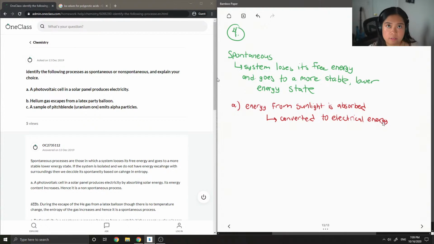And this is done through redox reactions, but basically this is a non-spontaneous process.